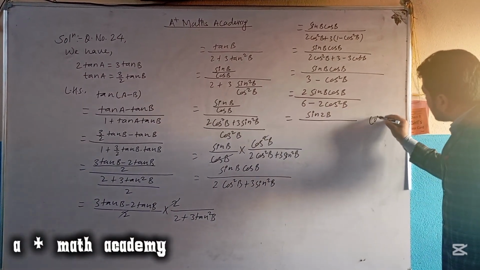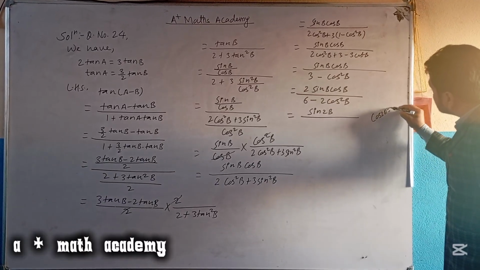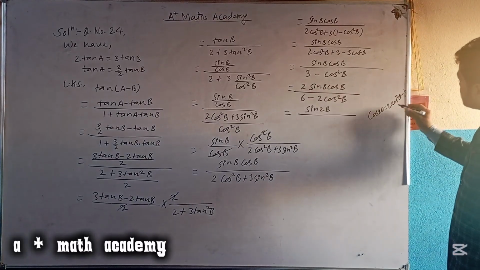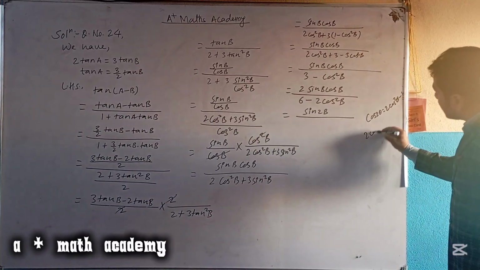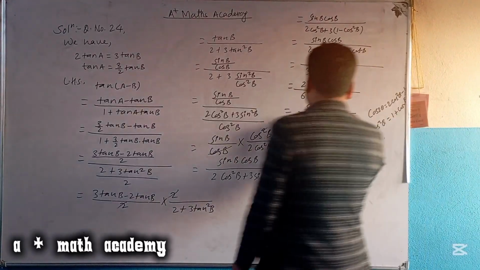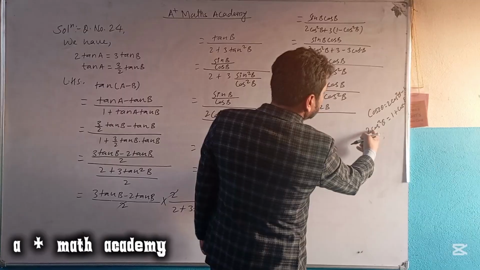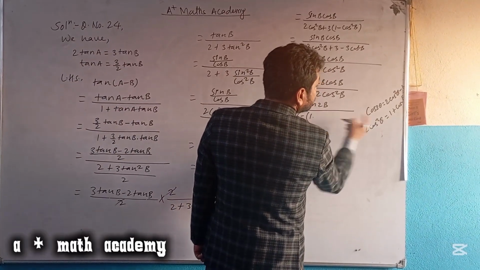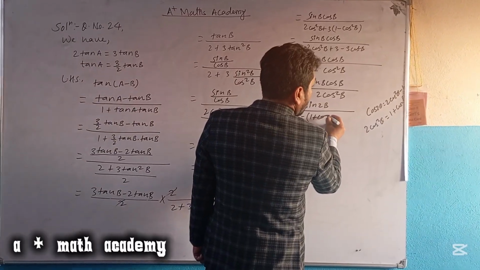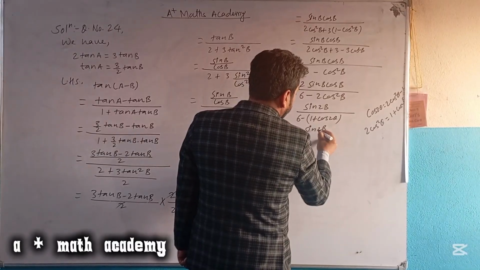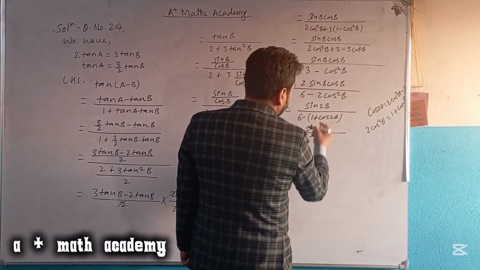We know cos 2 theta equals 2 cos square theta minus 1. So 2 cos square theta equals 1 plus cos 2 theta. So 6 minus 2 cos square theta becomes 6 minus 1 plus cos 2 theta. Then sin 2B upon 6 minus 1 minus cos 2 theta.